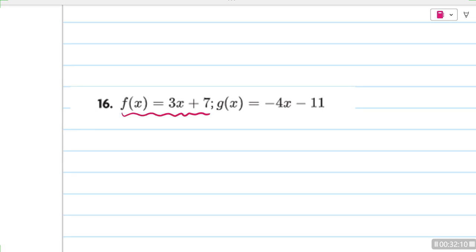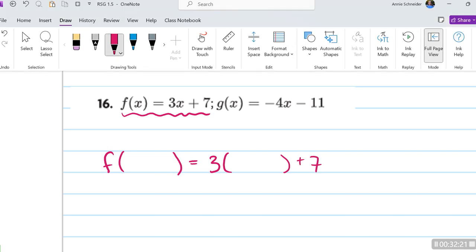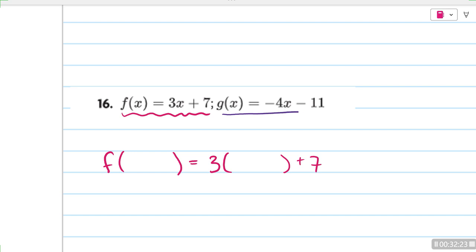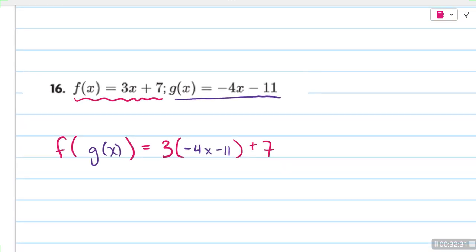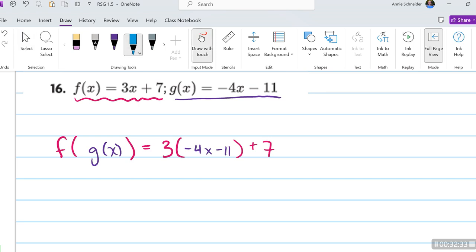So f of g of x. Let's write our function for f of x, but I'm going to replace my x values with g. So g of x is negative 4x minus 11. We just have to make sure we distribute.